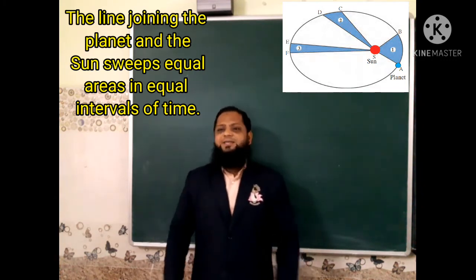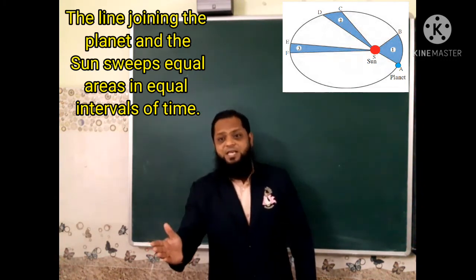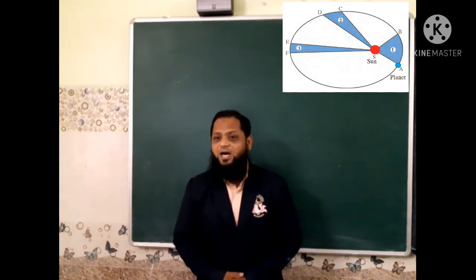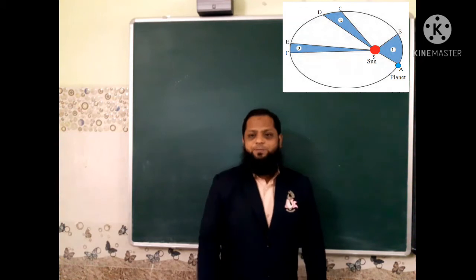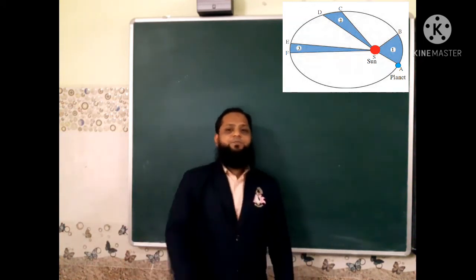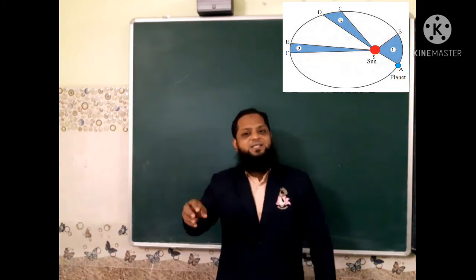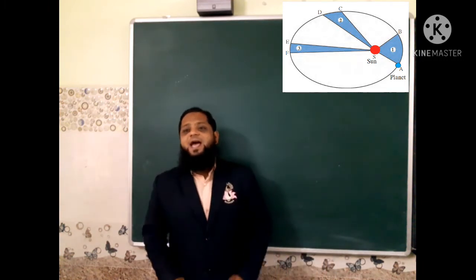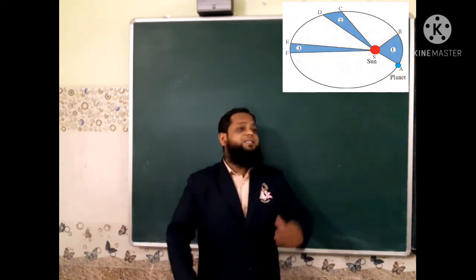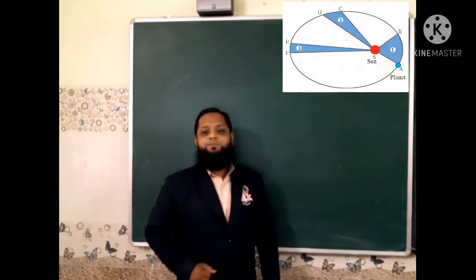Children, as shown in the figure, AB and CD are the distances covered by the planet in equal time, that is, after equal intervals of time. The positions of the planet starting from A and C are shown by B and D respectively.